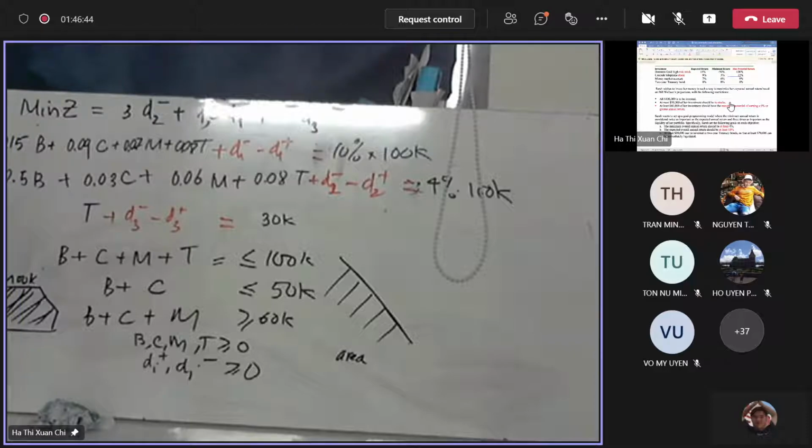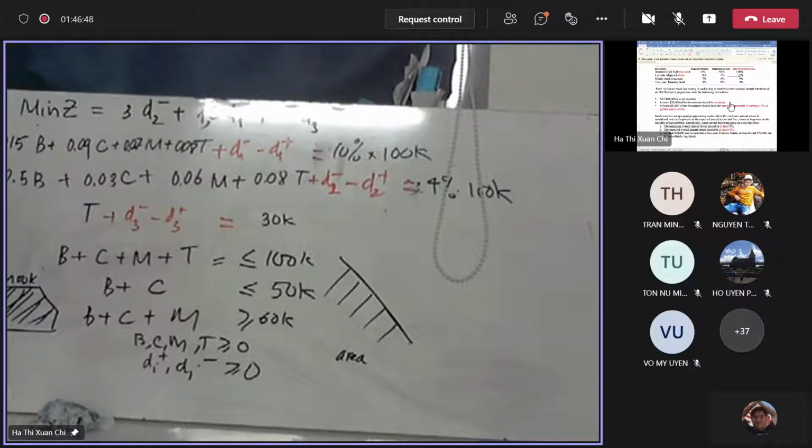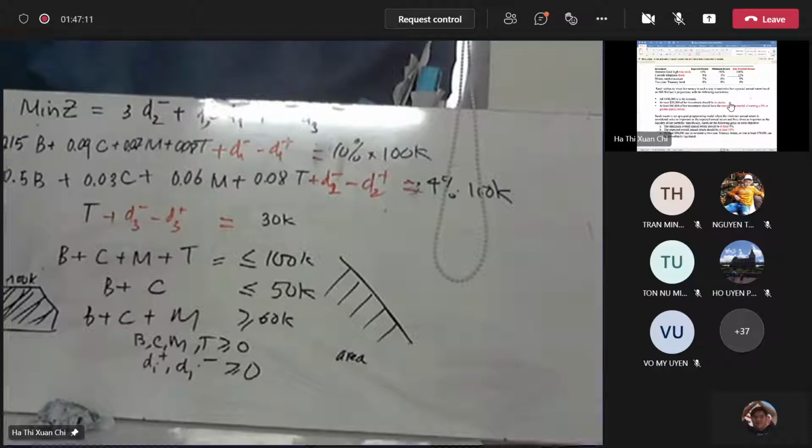For the given system and the optimal system: for the given system with a single objective, that is the problem of measurement and search. For multiple objectives, that is the problem of decision making and search.